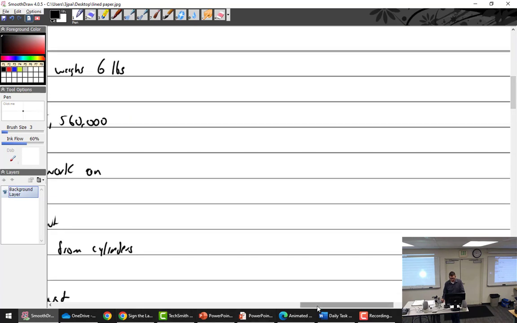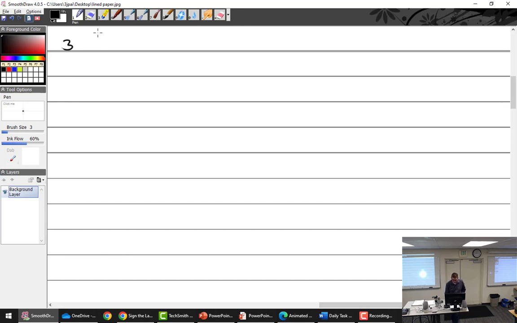All right, these are the things I said. So this is 3. This is valve timing, from the FAA book. There we go. So we have the intake valve.